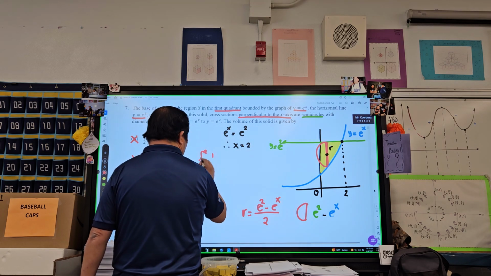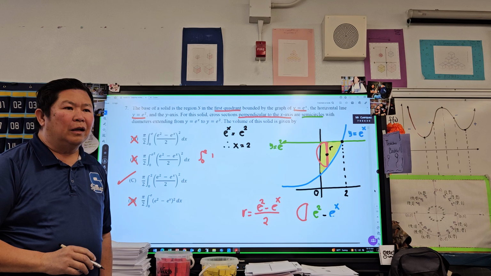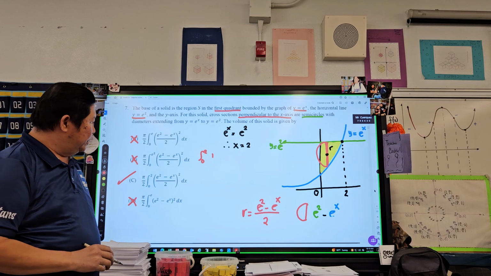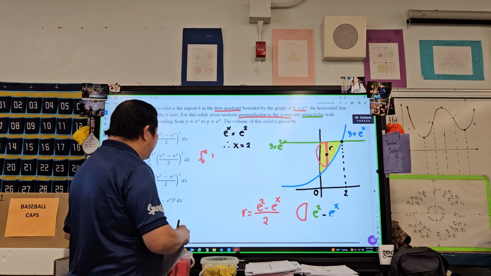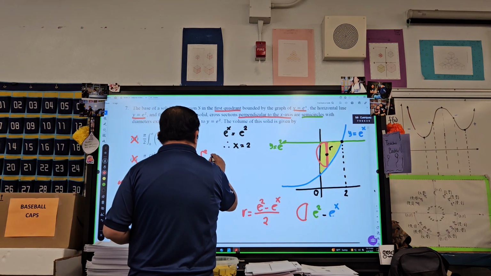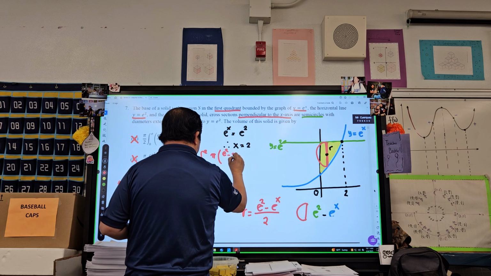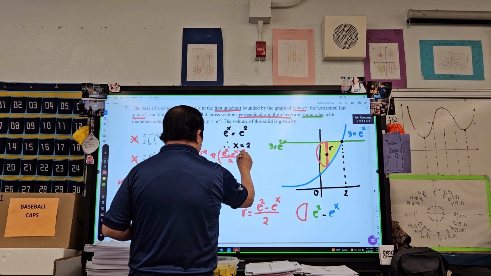Then what's the formula? Pi r squared over 2. But this is the r. So pi, and then the radius e squared minus e to the power of x over 2.